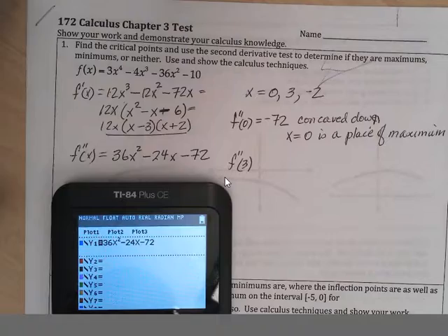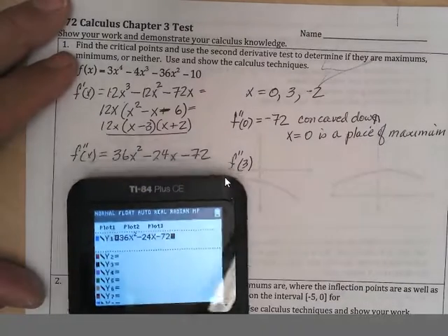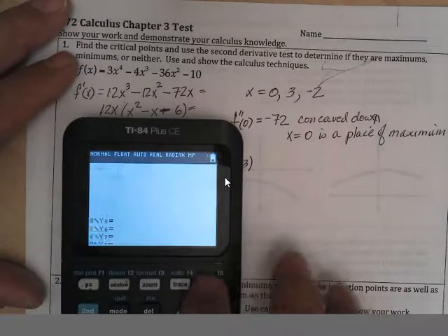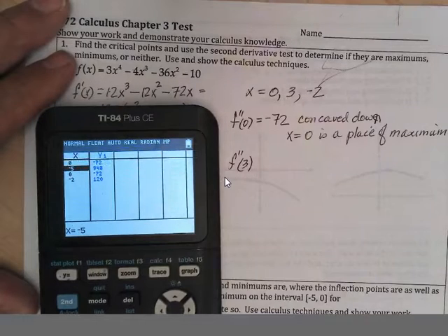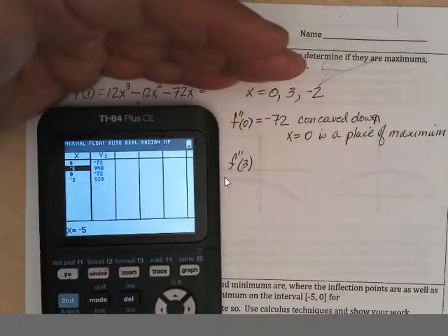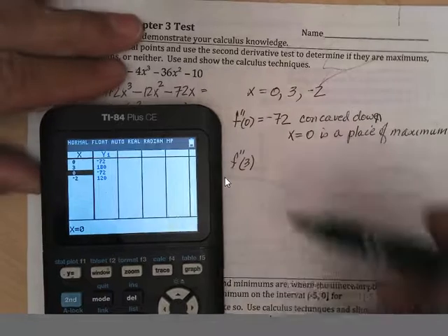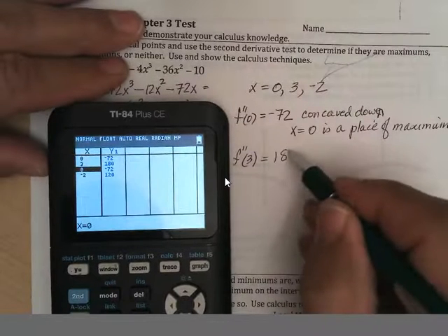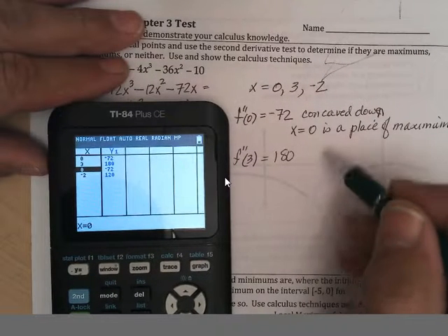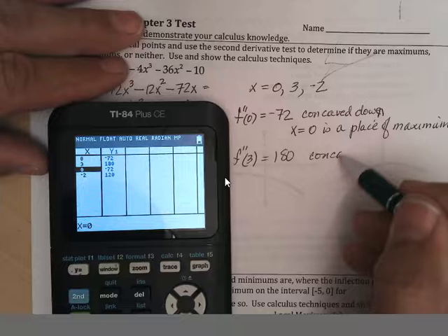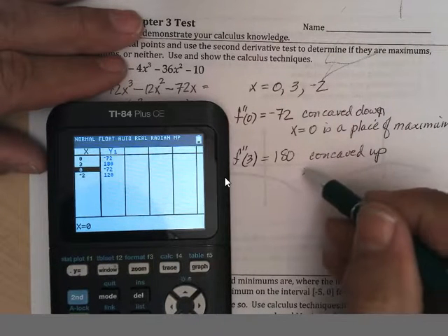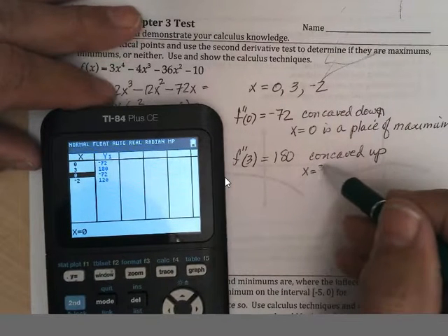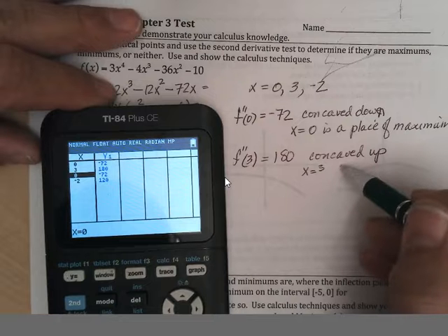Probably could have factored out 12 and made it easier, but I'll just type that in, second table, and I want to put in 0, and it gave me negative 72, so it's concave down, a place of maximum. If I put in 3, I get 180, which is positive, so it's concave up, so x equal 3 is where we have a minimum.